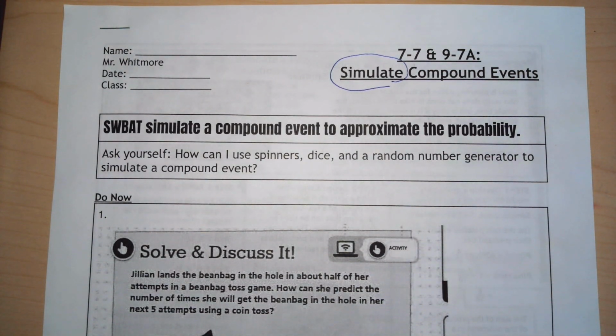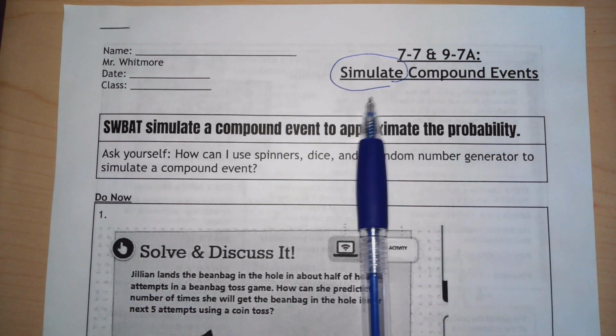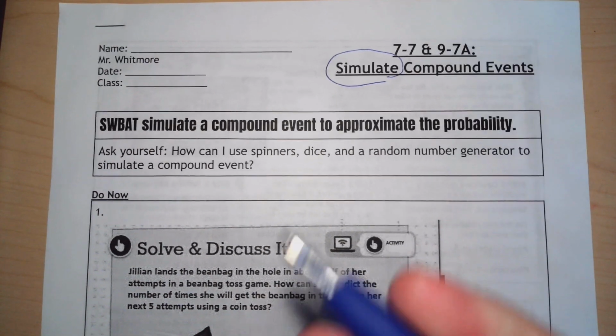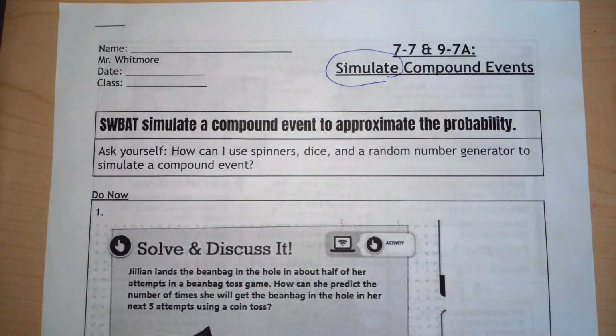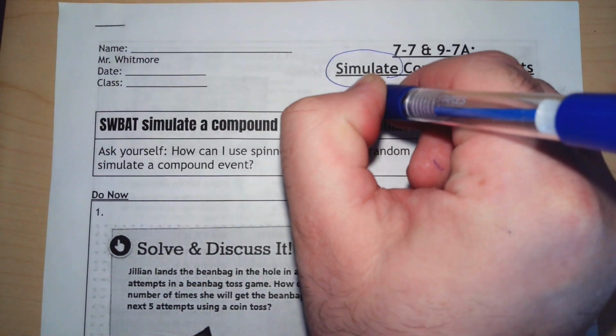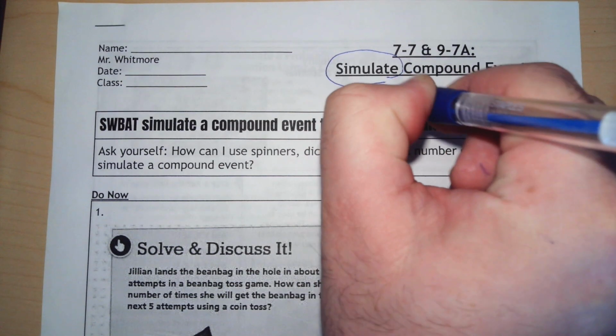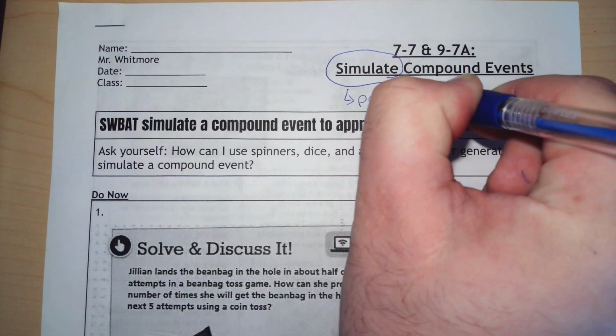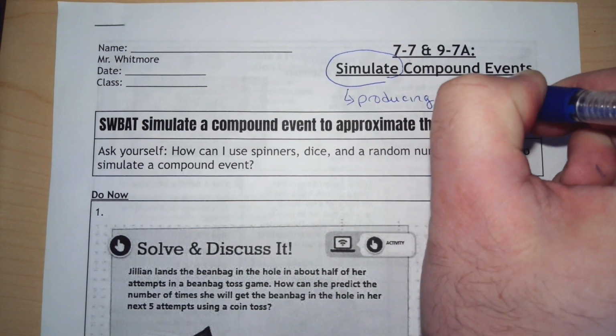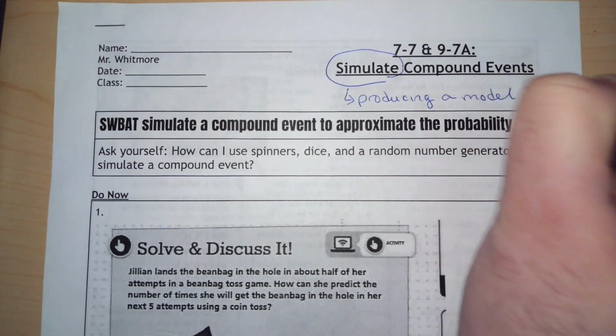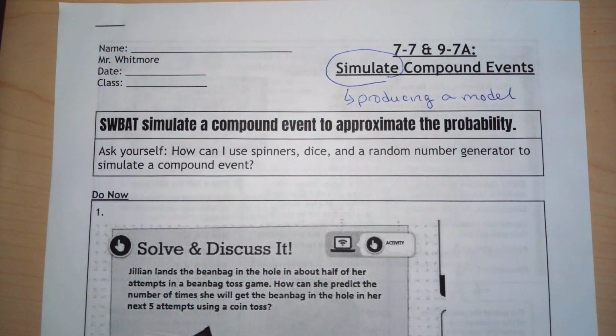Welcome back, everybody. In today's lesson, the last lesson of our topic, we're going to learn how to simulate compound events. When we simulate something, that's when we're producing a model of something that's happening without doing the actual thing that's happening.